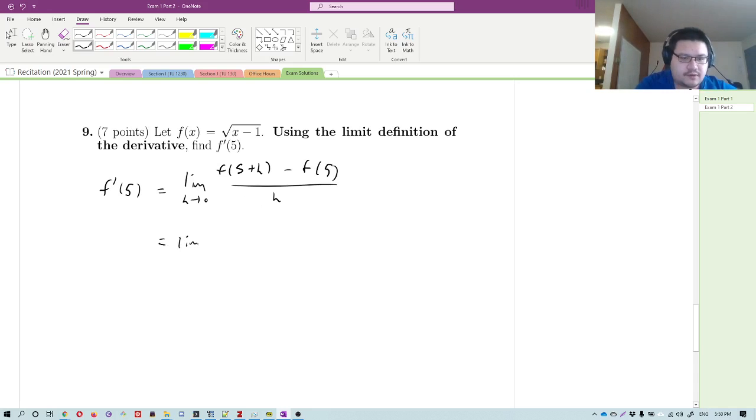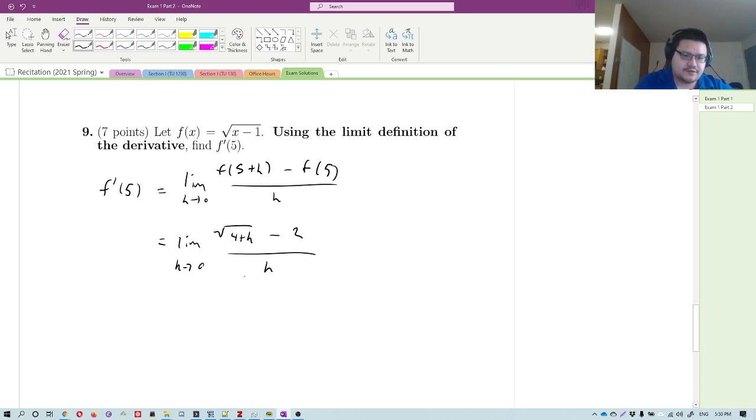Okay, and now we just crank through the calculation. Plugging it into the f function, we would have square root of 5 plus h minus 1, which is 4 plus h, minus f of 5, which is square root of 5 minus 1, so square root of 4, which is just 2, all over h.